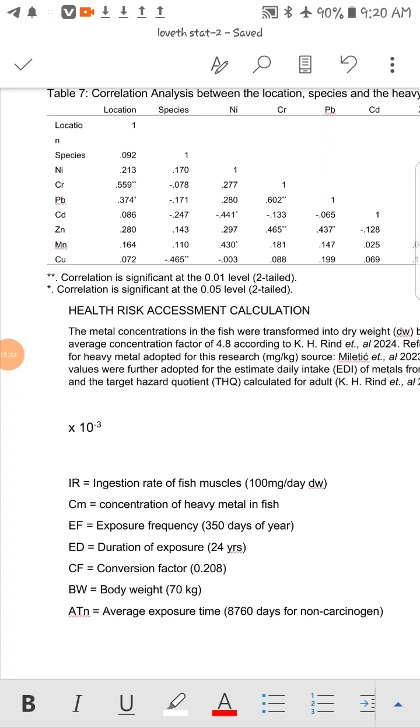You only have reason to discuss significant difference between concentrations of different locations when the distance between them is wide. Do you understand? So that's when we talk about significant difference.